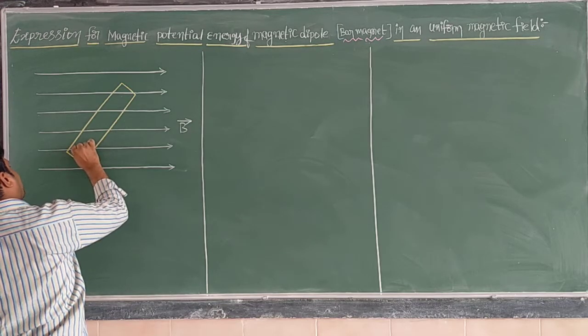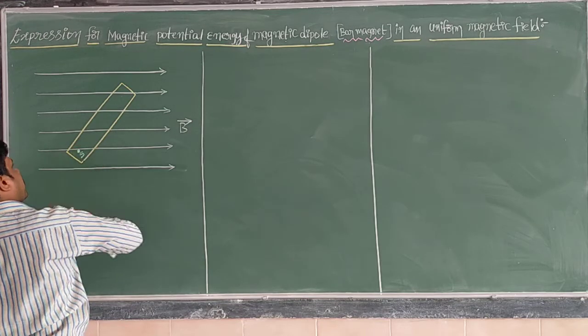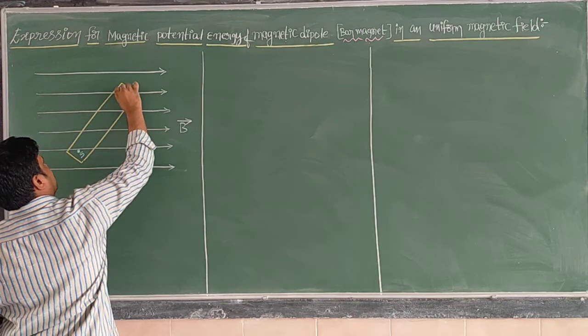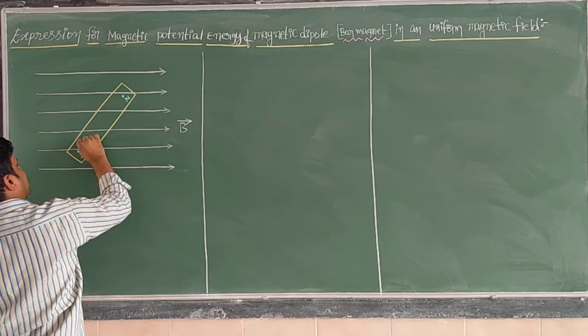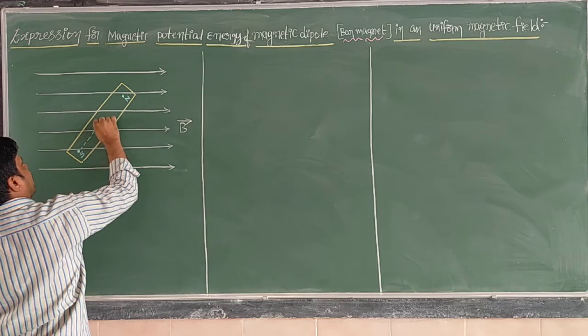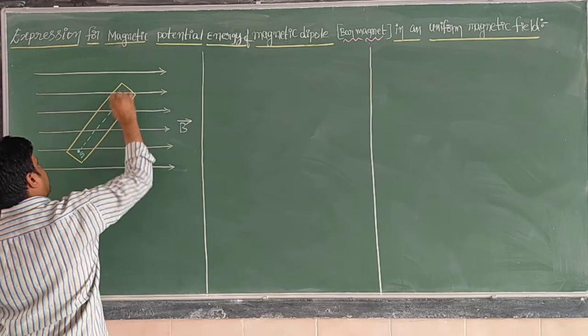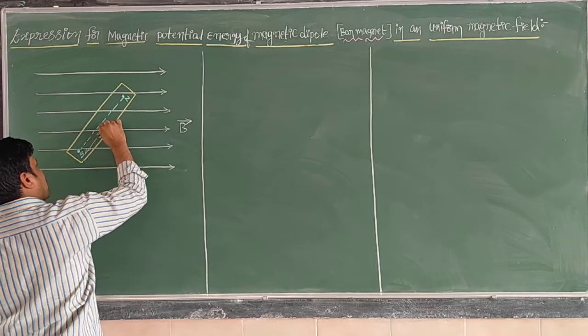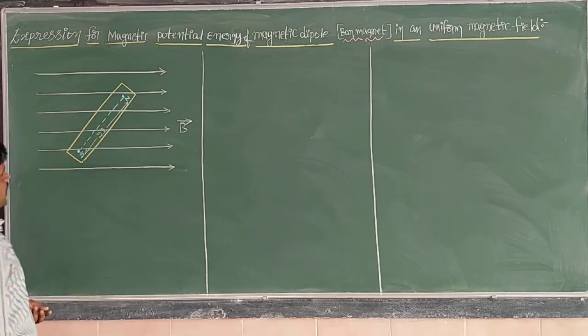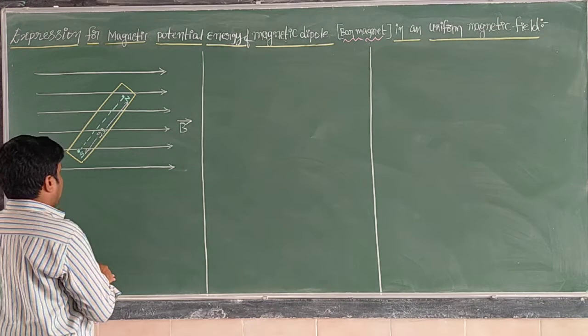This bar magnet has the south pole and this one is the north pole, like this. This is the axis of the bar magnet. Right now the length of the bar magnet I can take as 2l. This is the center of the bar magnet.